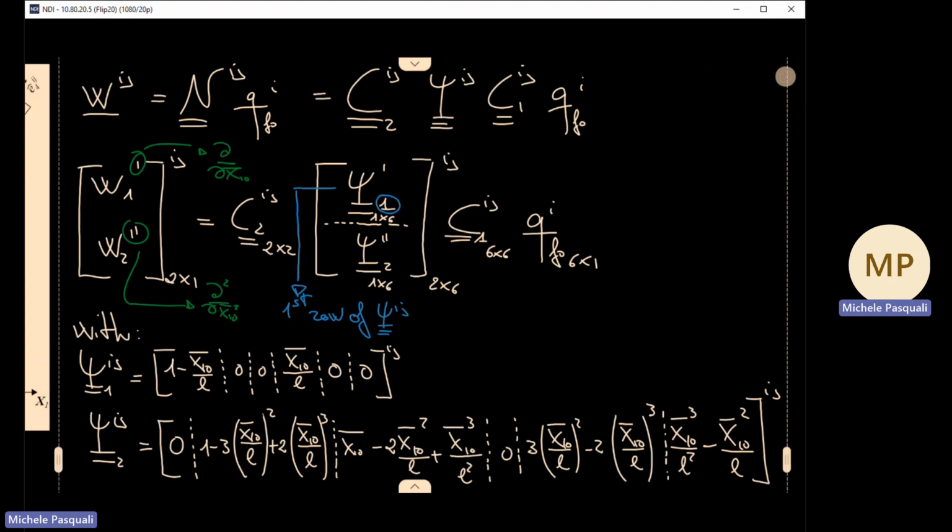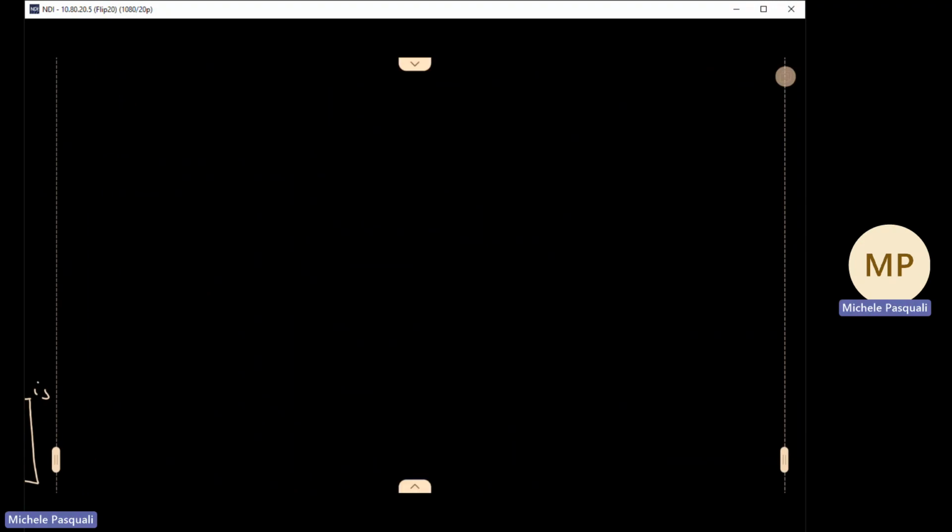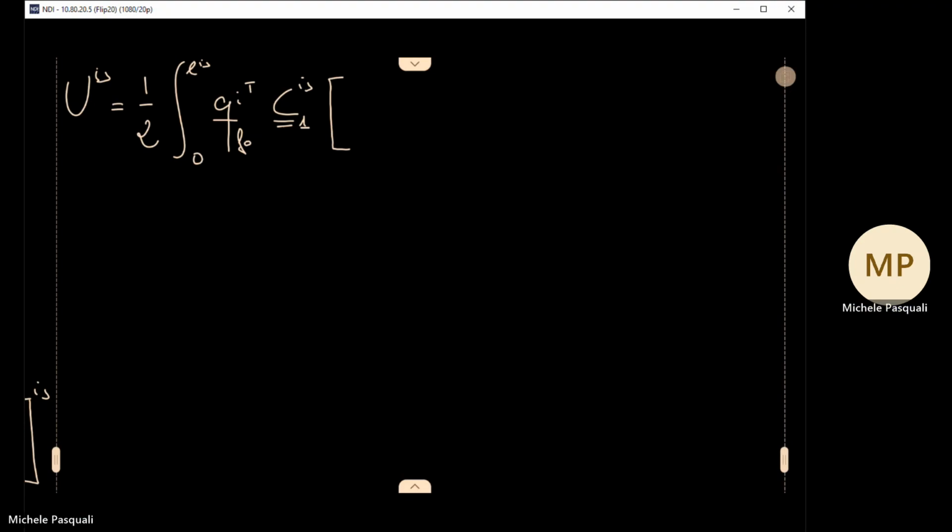Otherwise dimensionally it doesn't work out. Okay, so this is just basically something that we have already seen. So we can rewrite everything in the following way. So this is the integral from 0 to L ij of what? QF0 i transposed applied over C1 ij applied to what?